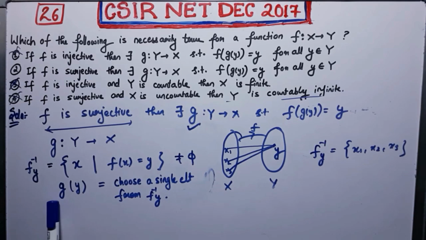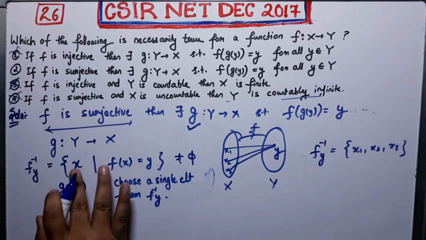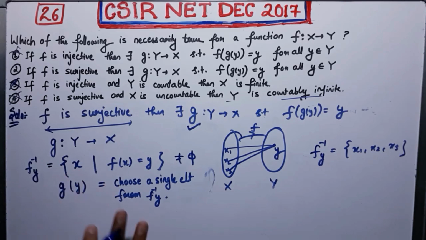So the image of y will be given by choosing any element from this set. You can choose any element from here. You are getting my point? This is the function g of y.